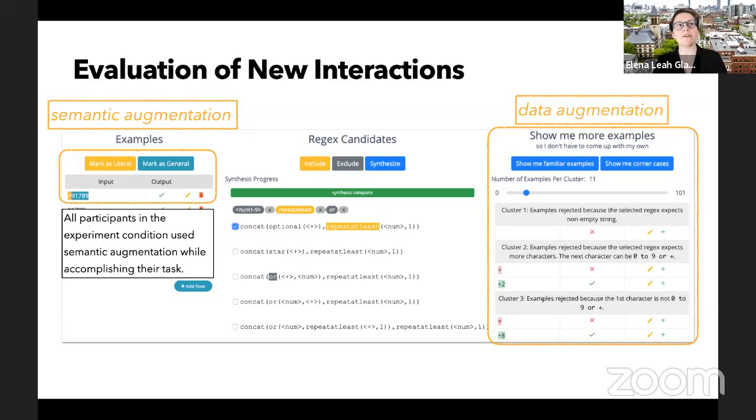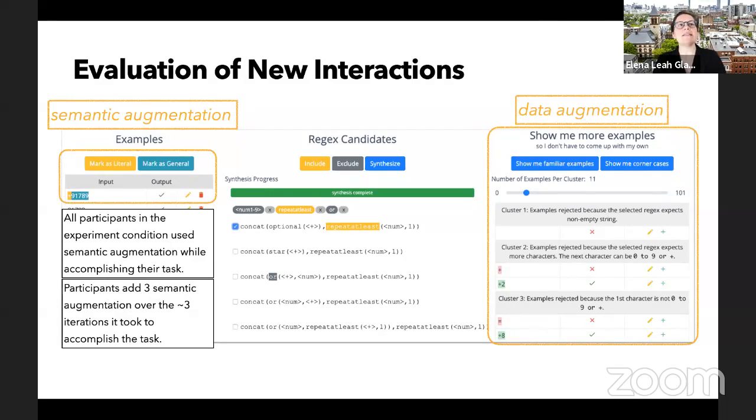Every single one of them tried it at least once. Participants added 3 semantic augmentations over the approximately 3 iterations it took to accomplish the task, so it's roughly a 1-to-1 ratio of semantic augmentation to synthesis round. They didn't just try it, they used it.